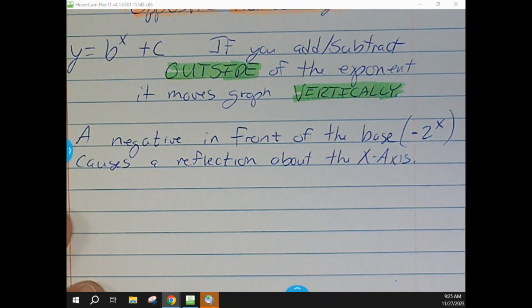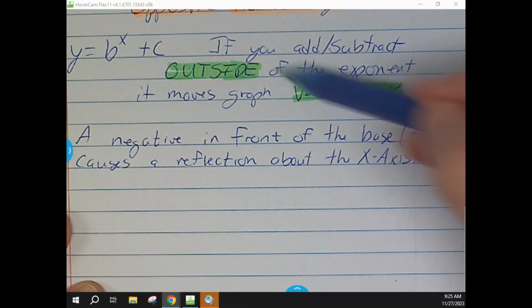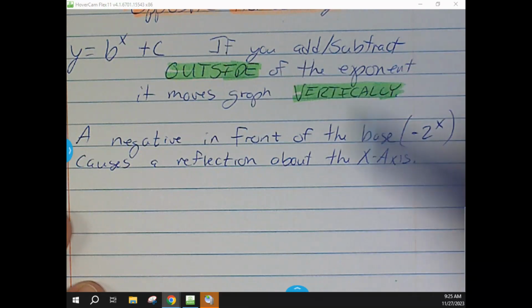Then again, it's still on the outside because that negative is not in the exponent, it's outside the exponent. That's basically the same thing we're doing here. It's going to be vertical where we go up and down over the x-axis. So that's where you're going to flip a graph up or down.